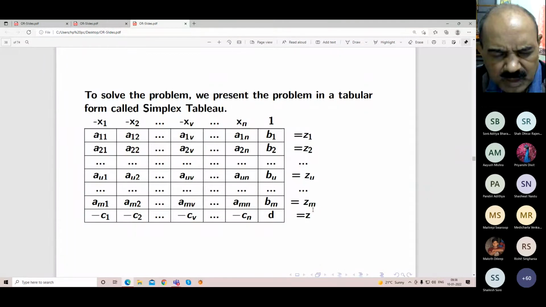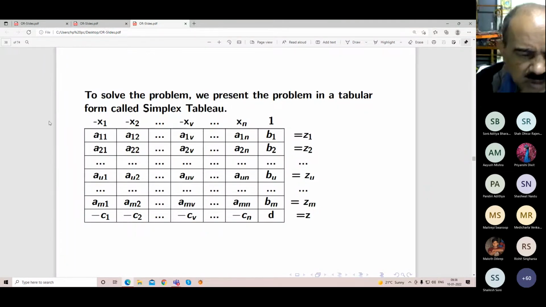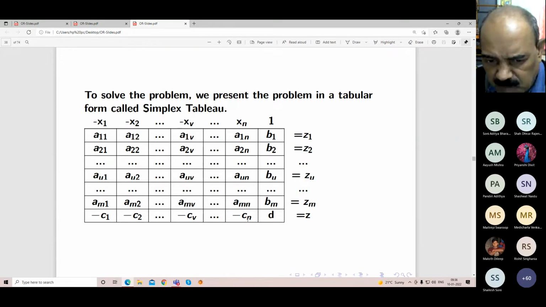So the last row corresponds to the objective function: minus c1 into minus x1, that is c1 x1, minus c2 into minus x2, that is c2 x2, and finally minus cn into minus xn, that is cn xn.